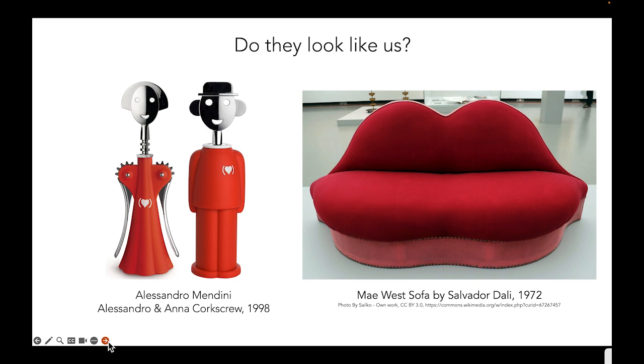Obviously they have traits reminiscent of human beings, and it's quite clever the way the one on the left in particular raises its little arms as you're using it. So it kind of has that human quality, apart from the fact that they look like humans. And then the object on the right, a sofa by Salvador Dali, a surrealist artist.